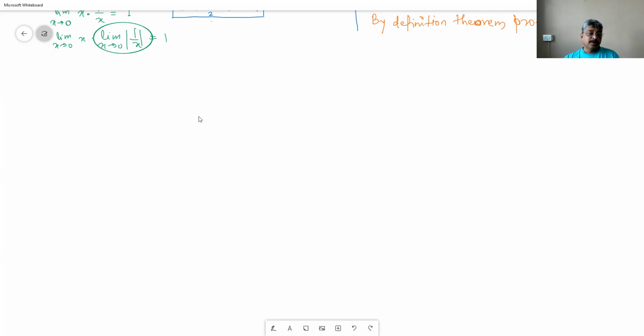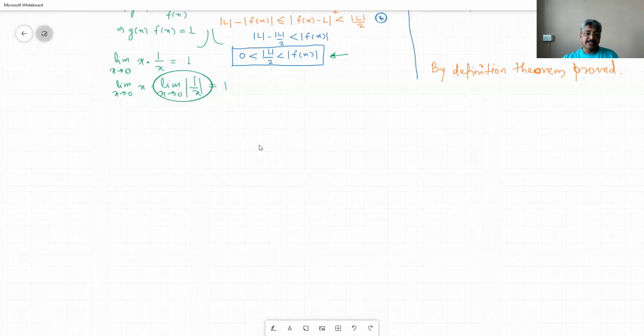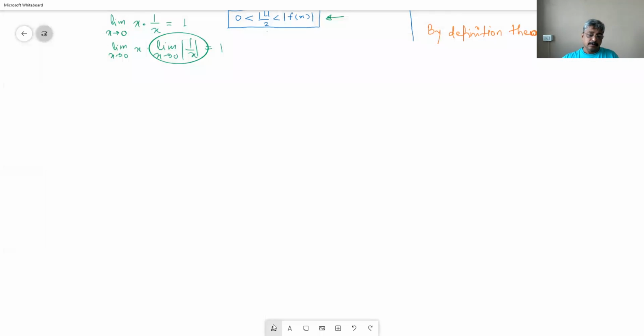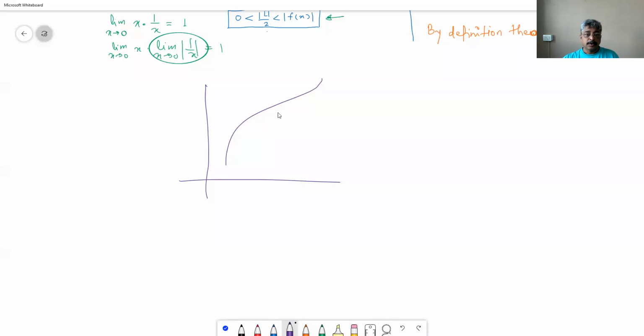Now let us move on and create a few more definitions. Suppose you have a function like this, and you are at C. So far, the approach we have taken is that we are not bothered about what happens at C. Whether this point is part of the function or not, we are not worried about it.